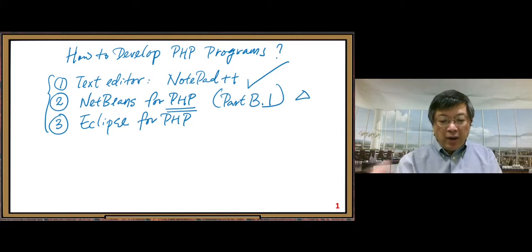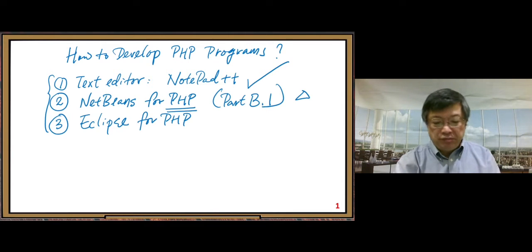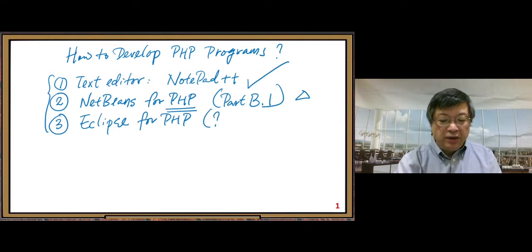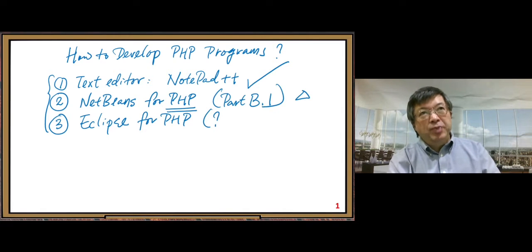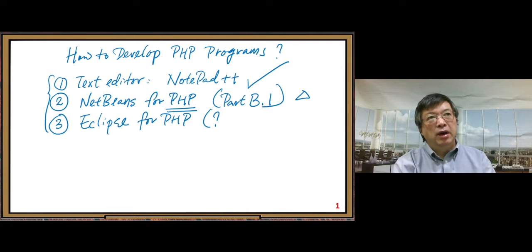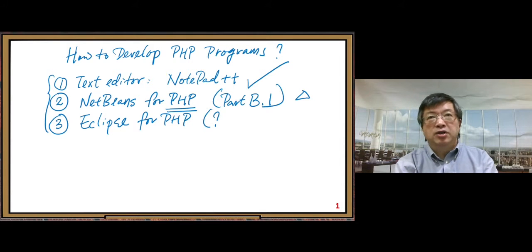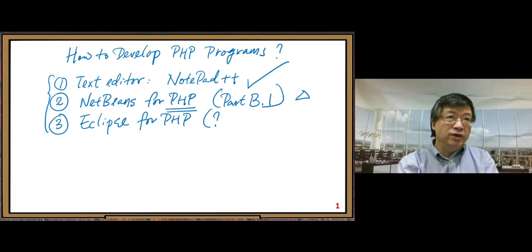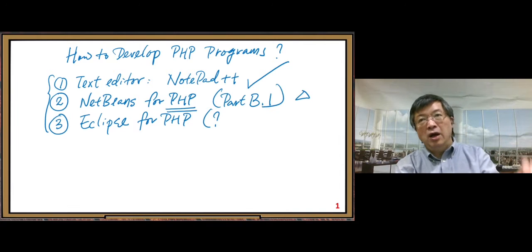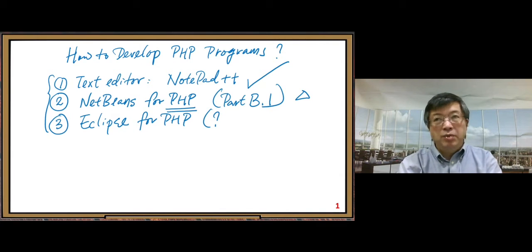But for Eclipse, I have some bad experience. Long time ago, ten something years ago, when I used Eclipse to develop PHP projects, it was very, very good and very easy to write PHP programs, almost as good as NetBeans.